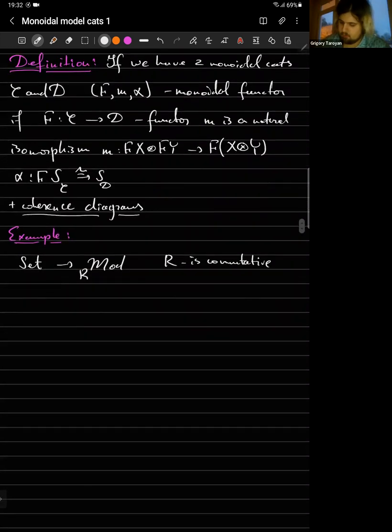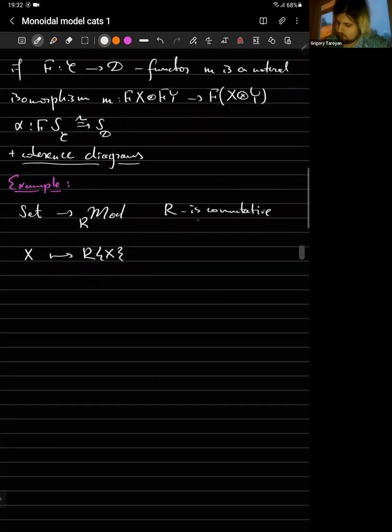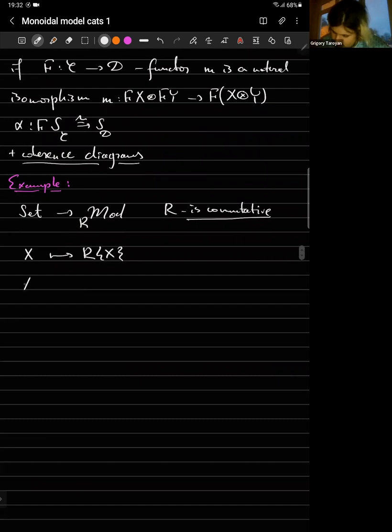And here R is commutative, and we consider a functor which maps a set X to a free module generated by this set X. And so here it is important that R is commutative, and we get a monoidal functor because, if we have a product of two sets, then it is mapped to this thing here, and this thing here is precisely the product of two modules.